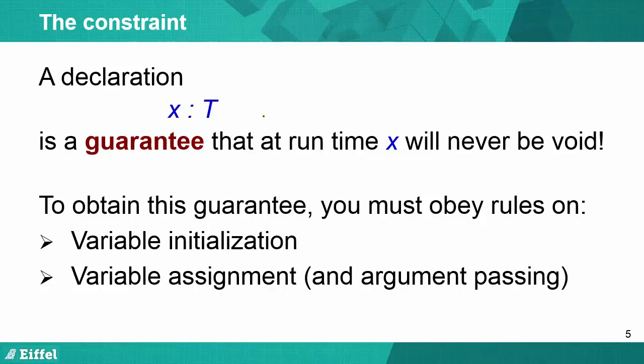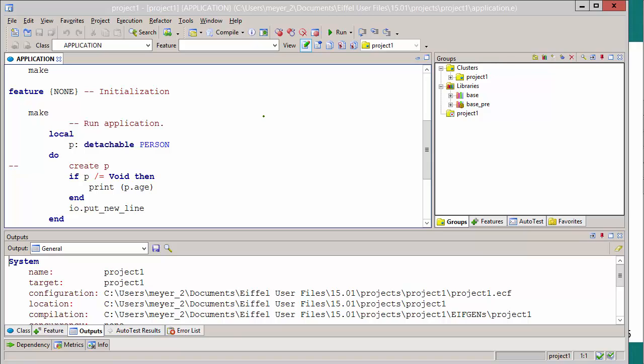But that's, of course, the easy part. You can always hand wave and declare X as attached. You will expect then that guarantee that the values of X at runtime will be references that are never going to be void.